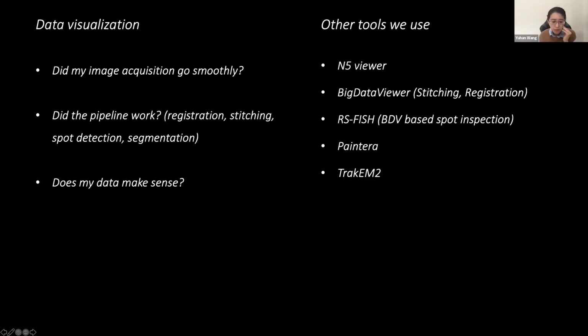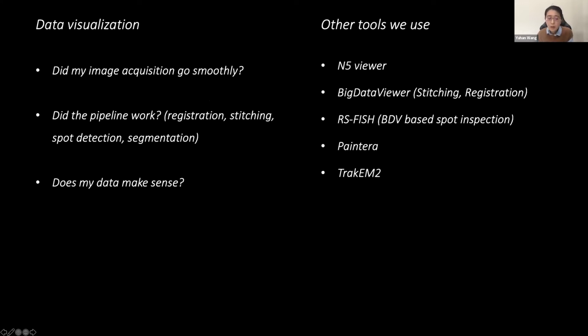So a question for us is, how could we make use of this data for visualization with specific goals, such that we can understand how our image acquisition goes, whether there was any stage movement that made the image acquisition fail, or whether the pipeline worked: did our registration work, did the stitching work, did the spot detection detect spots properly, and did the segmentation segment cells properly.